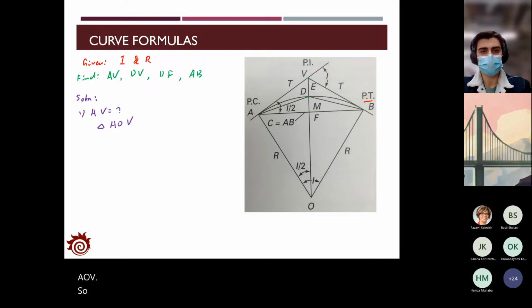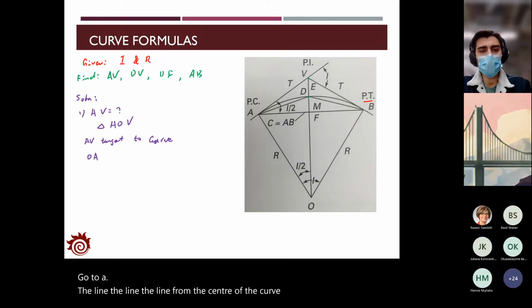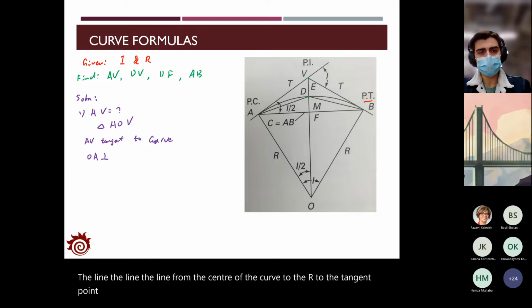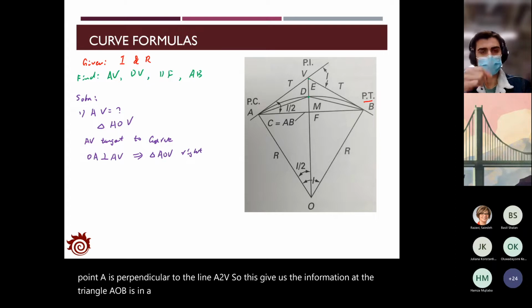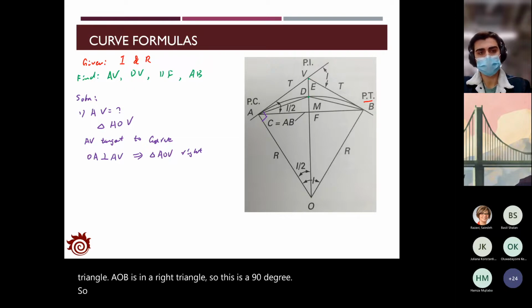As the line A to V is tangent to the curve, we can conclude that O to A, the line from the center of the curve to the tangent point A, is perpendicular to the line A to V. So this tells us that the triangle AOV is a right triangle. So the angle OAV is 90 degrees.